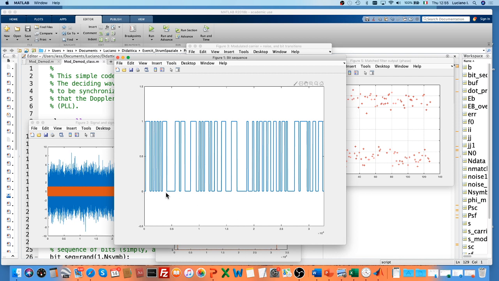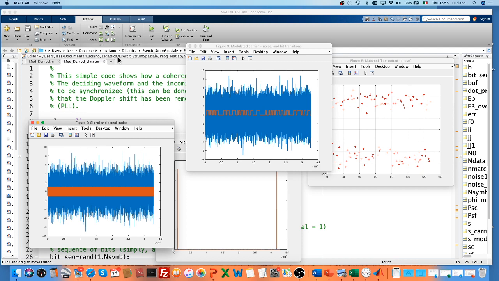So we have a number of zeros and a number of ones. For example, here you see the random number generator has provided a fairly long sequence of zeros. They should be 5 consecutive zeros, and so on. All right? So this is the bit sequence.